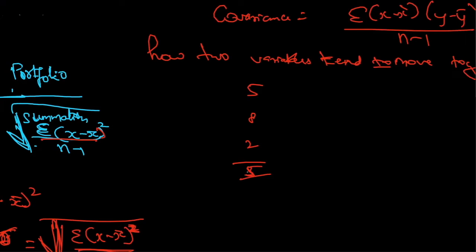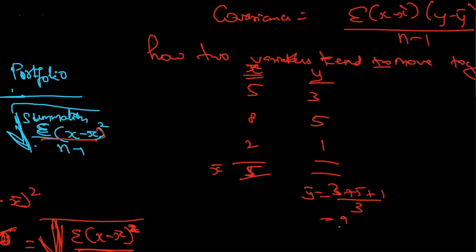So this is x, and then y, let me think of another number, let's say 3, 5, and then 1. So total comes to 9, and so 9 by 3, y bar is equal to 3 plus 5 plus 1 divided by 3. So 9 by 3 is equal to 3. Y bar is equal to 3.